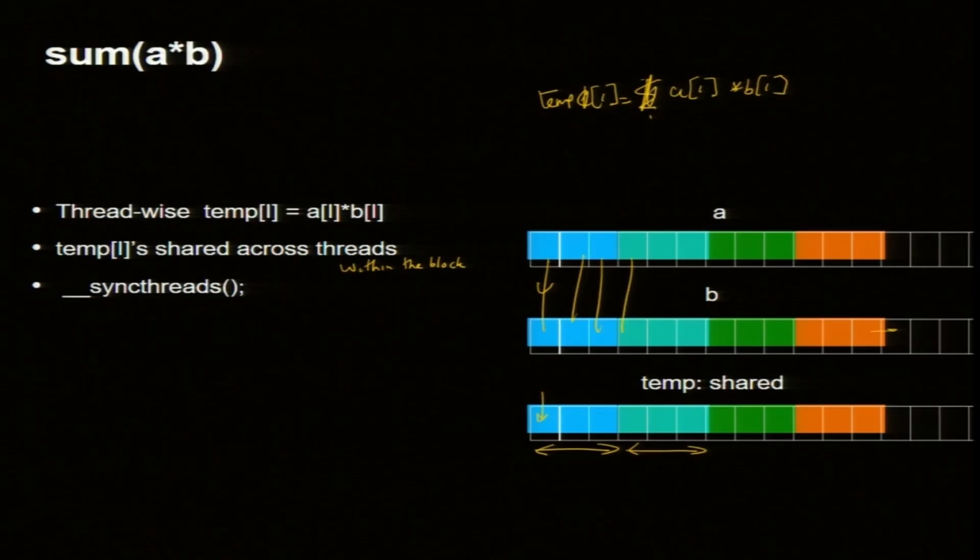Why should I sync it? Because it is possible that not all of them have finished their work. If somebody has not finished the work, one of the temp array entries may be 0, it has not got the right value. So you have to make sure that all of them have finished their work. Now I can sum, do the local sum.